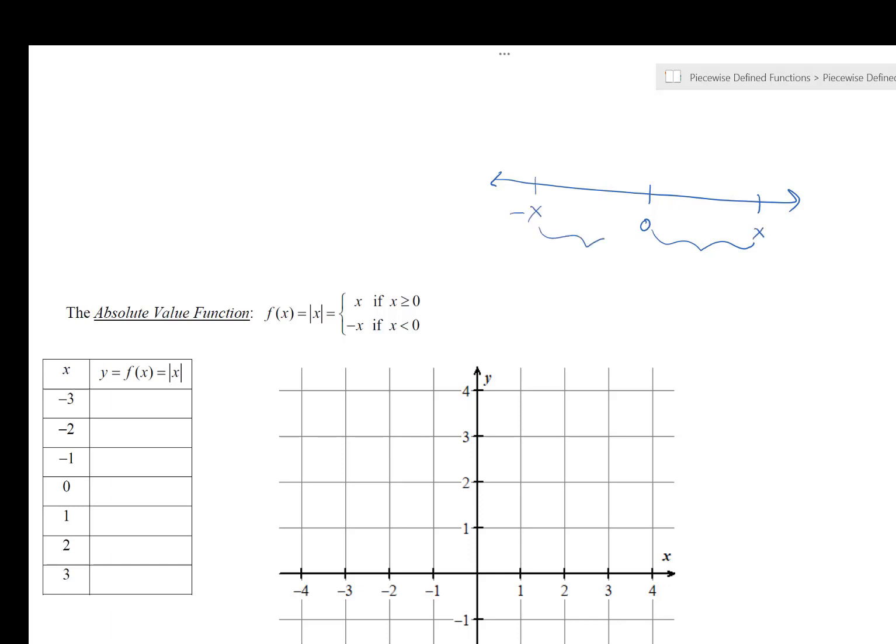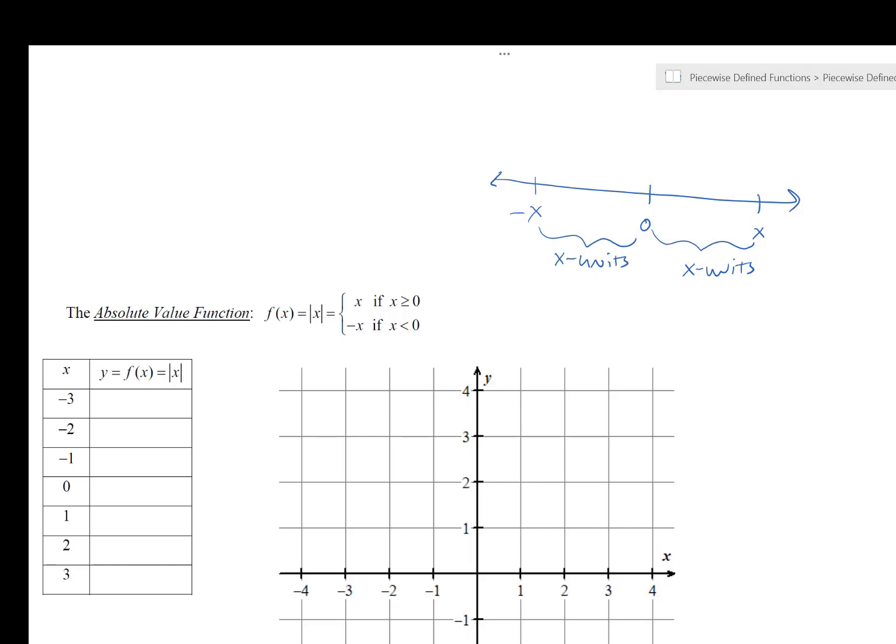So, if I moved from 0 out to some number, say x, then I would have a distance of x units. And if I moved out from 0 to the left, to some negative x, I'd also be walking a distance of x units.